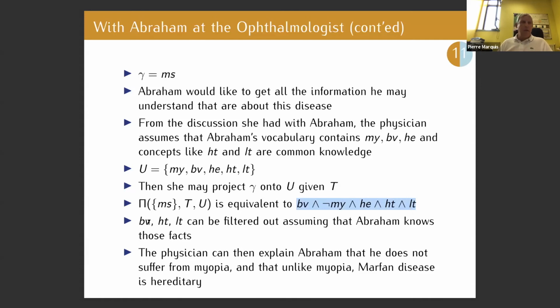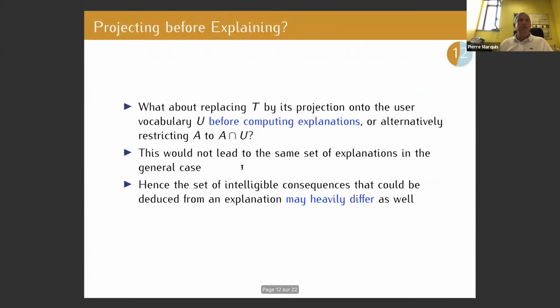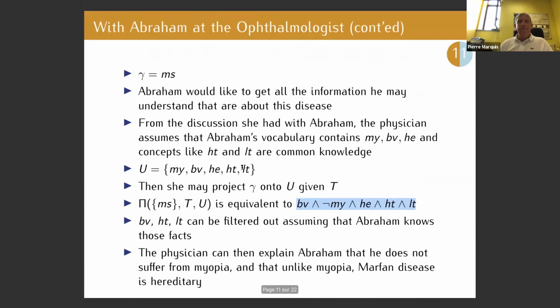So actually, he already knows that. So at the end, the explanation reported by the physician is that, Abraham, you do not suffer from myopia. And unfortunately, Marfan disease is hereditary, unlike myopia.